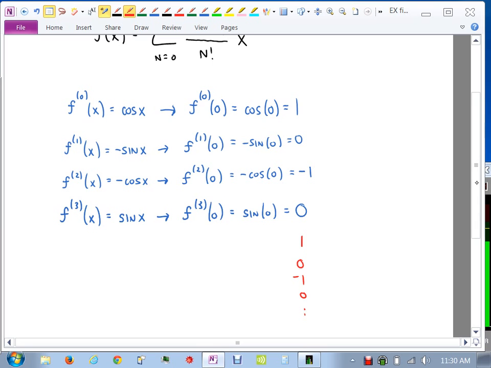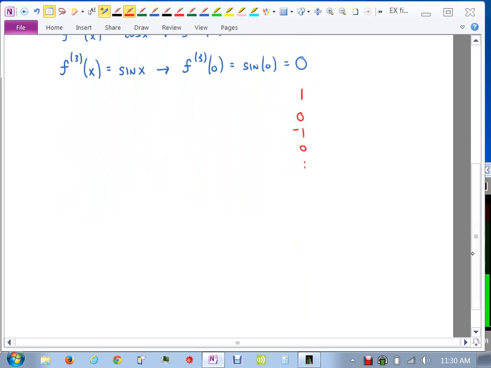So what I'd like to do now is go back to that formula that I had. f of x will be equal to the sum from n equals 0 to infinity of the nth derivative of f at 0, all over n factorial, x to the n. And let's start writing this out. Let's first let n be 0. Now, do you want me to write down f 0th derivative at 0, or can I go straight to the number?